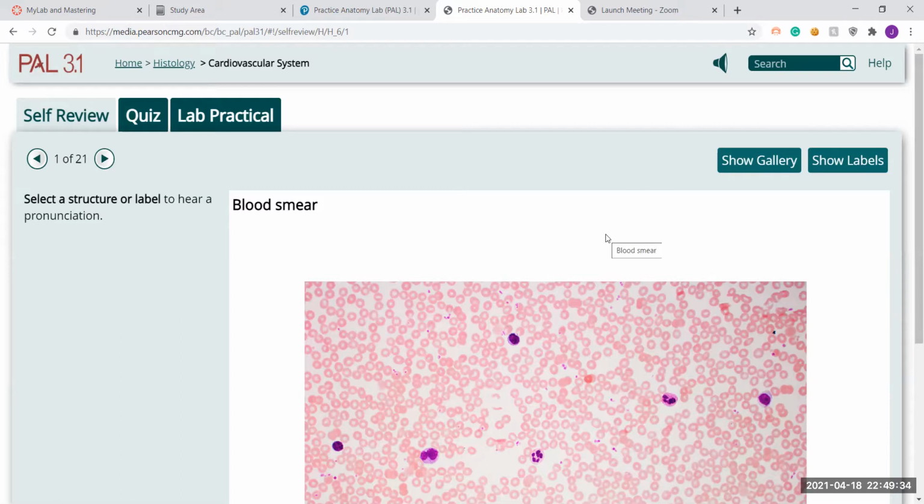Okay. So the cardiovascular system is the blood vessels, blood, heart, and the lymphatic system. And today I will talk about the blood and heart. So here is a blood smear.